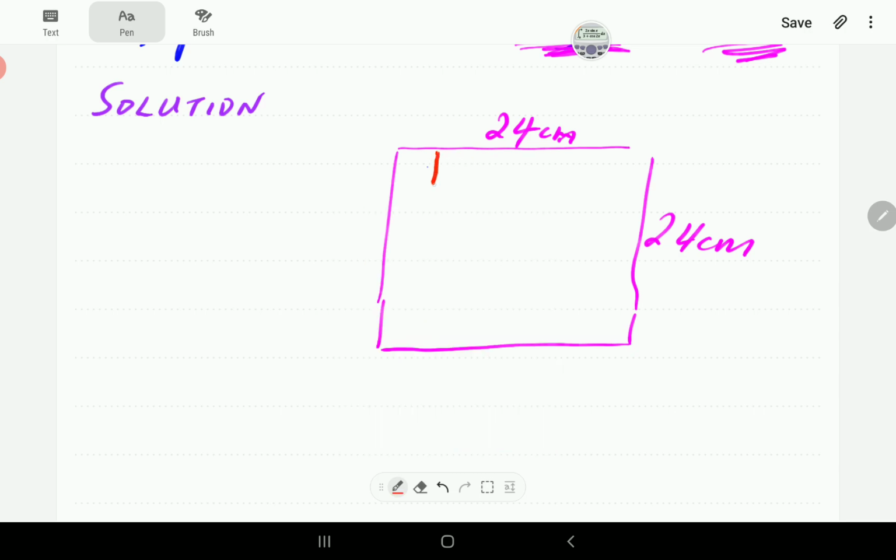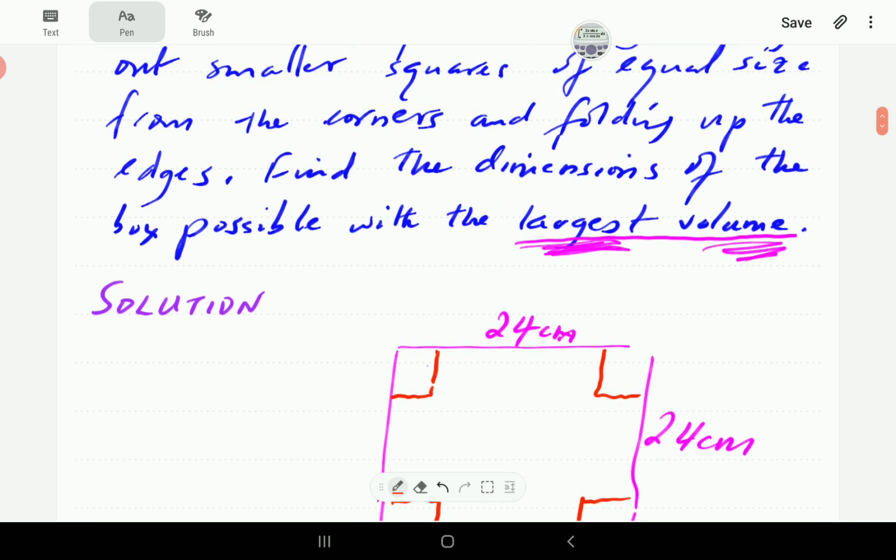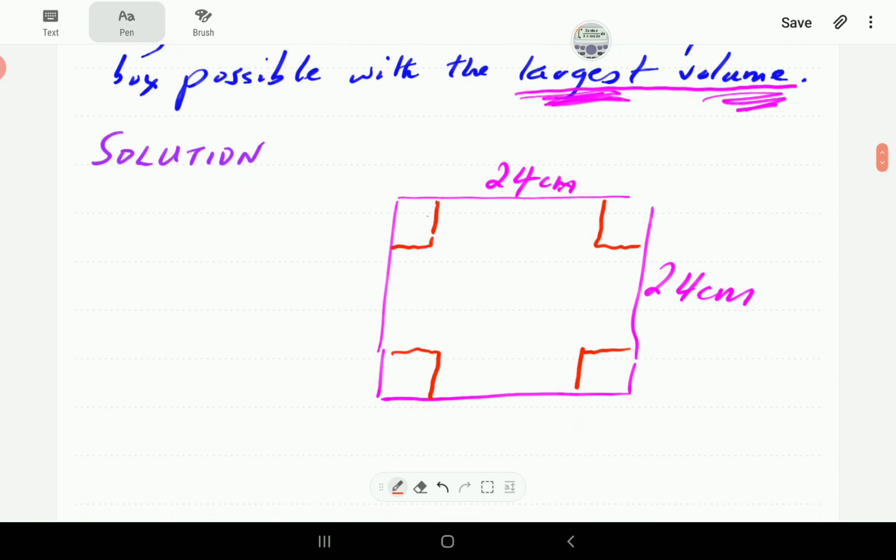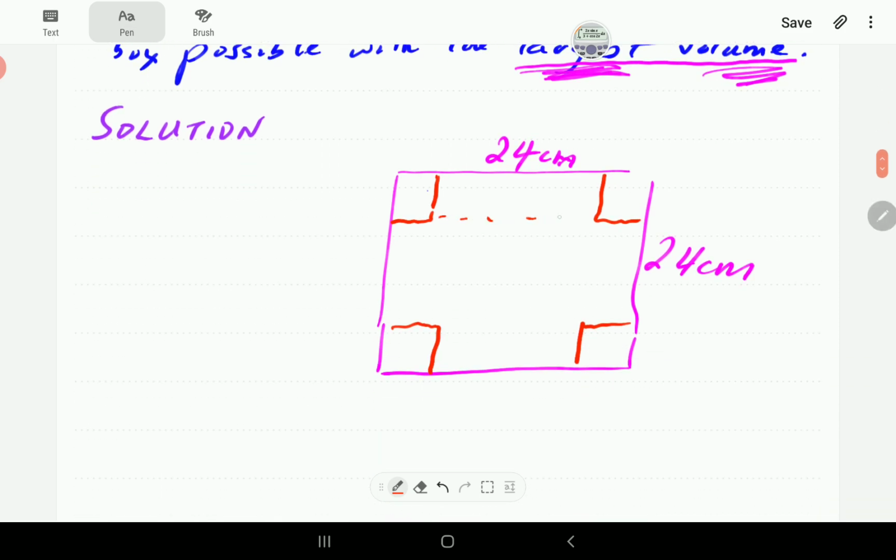So we cut out equal squares from the corners, and then we fold the resulting edges. So I'm just going to put a dotted line here. If we imagine that the squares are of equal size, let's call the size x.